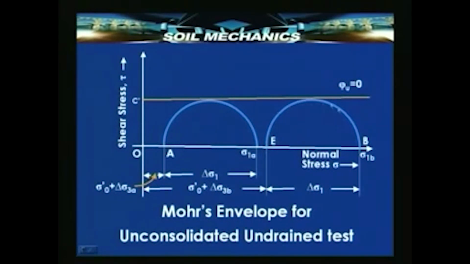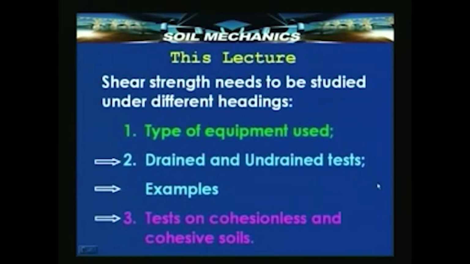Therefore, here we have 2 circles corresponding to 2 different initial confining pressures applied. Their common tangent will make an angle phi undrained equal to 0 and giving a cohesion C undrained equal to the intercept on the y axis. And this is what an unconsolidated undrained test and its Mohr diagram look like.